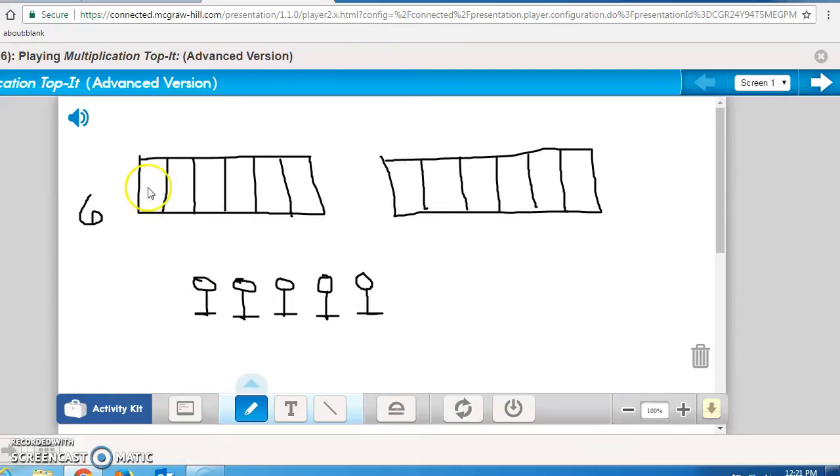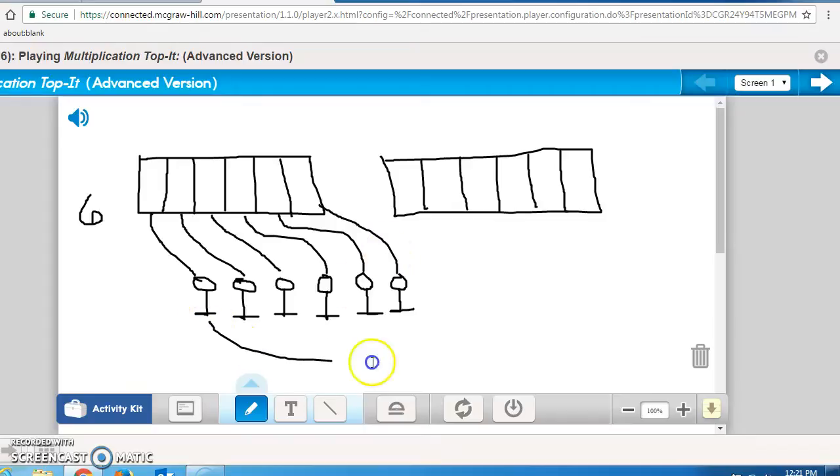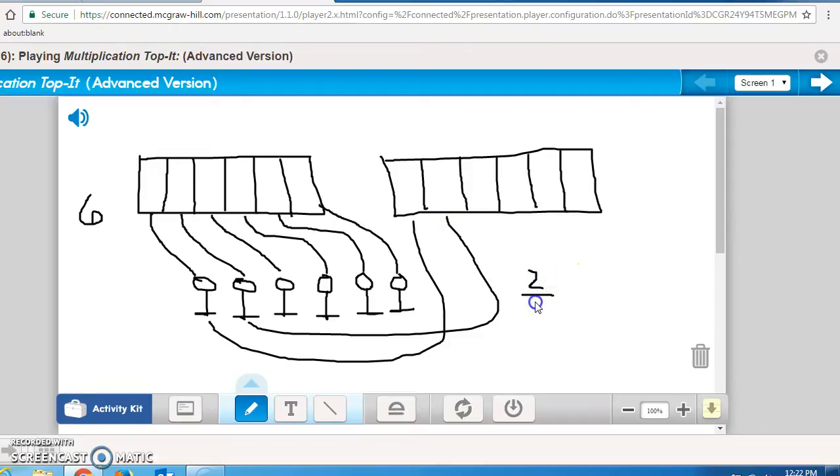Each person would get 1/6 of this sub. And then those same people would end up getting 1/6 of this sub. Each person is getting 2/6 of the sub.